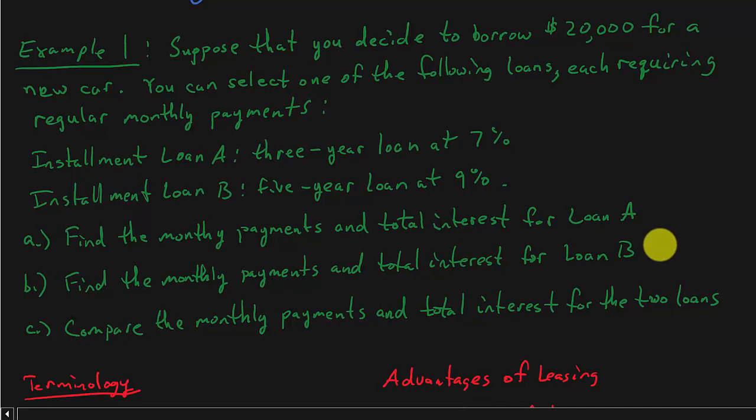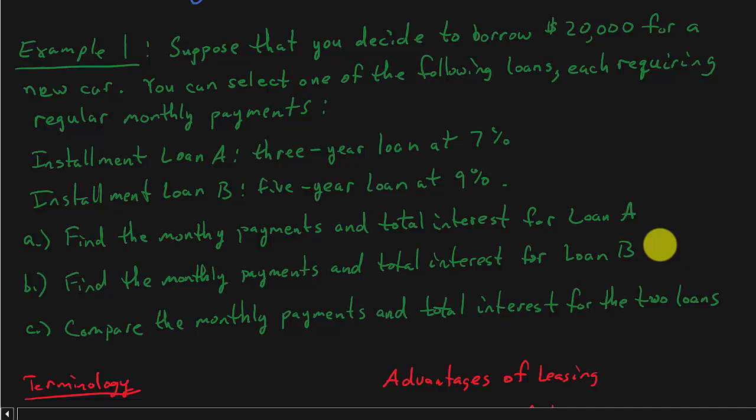So let's look at example 1. Suppose that you decide to borrow $20,000 for a new car. You can select one of the following loans, each requiring regular monthly payments. Installment loan A, which is a 3-year loan at 7%.